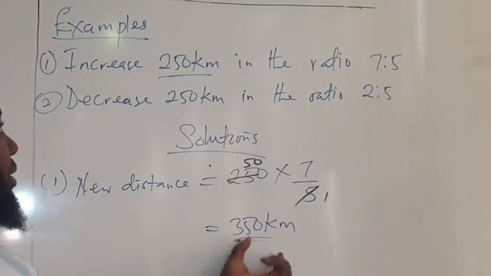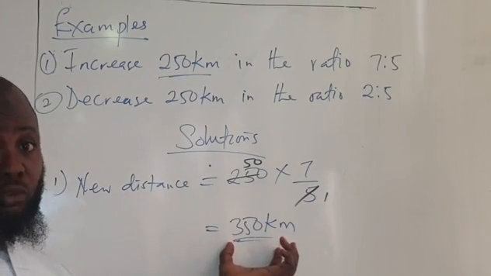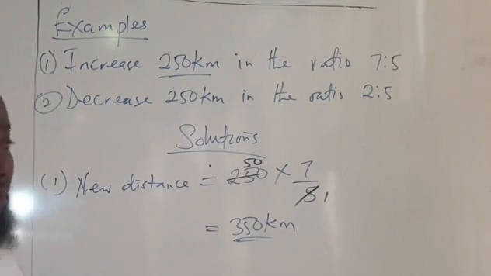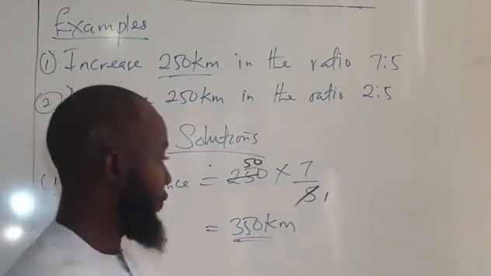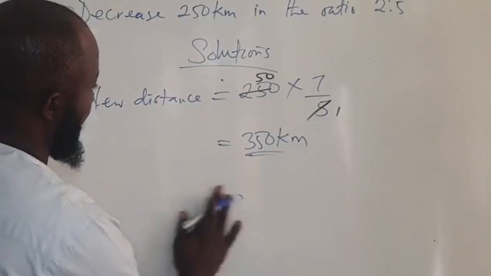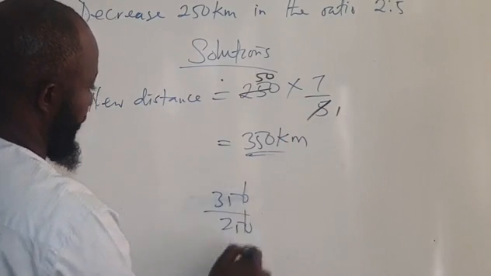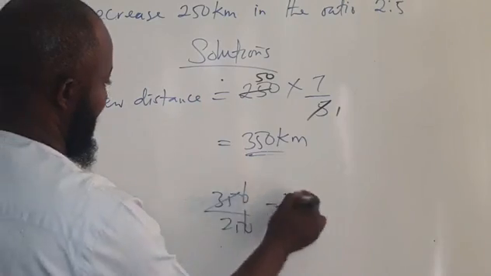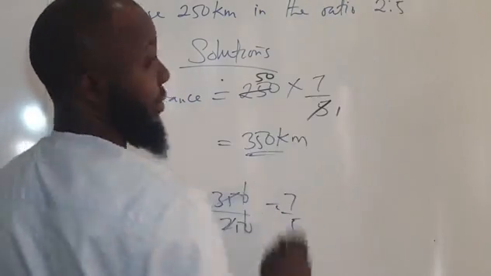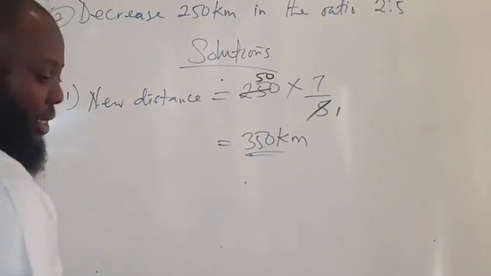This is the new distance, this is the old distance. If we want to take this back to ratio, we are going to get the same thing. That is 350 divided by 250. 0 cancels 0, then 7 over 5. You can see the multiplying factor; we come back to the initial ratio.